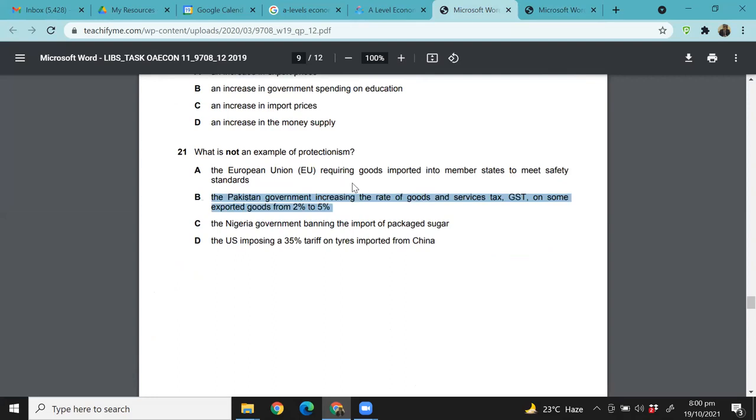What is not an example of protectionism? The Pakistan government increasing the rate of goods and services tax GST on some exported goods from 2% to 5%. But if you're putting more tax on exports, that is kind of discouraging.